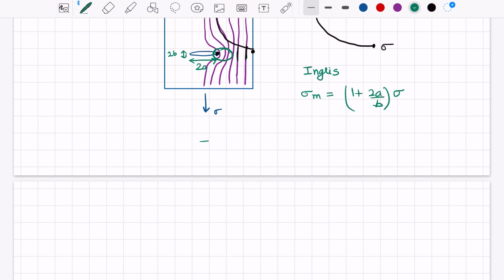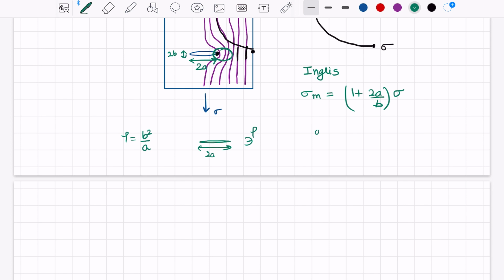So if the elliptical crack is very thin such that the crack length is 2a and the radius of curvature is rho. Rho is b square by a.